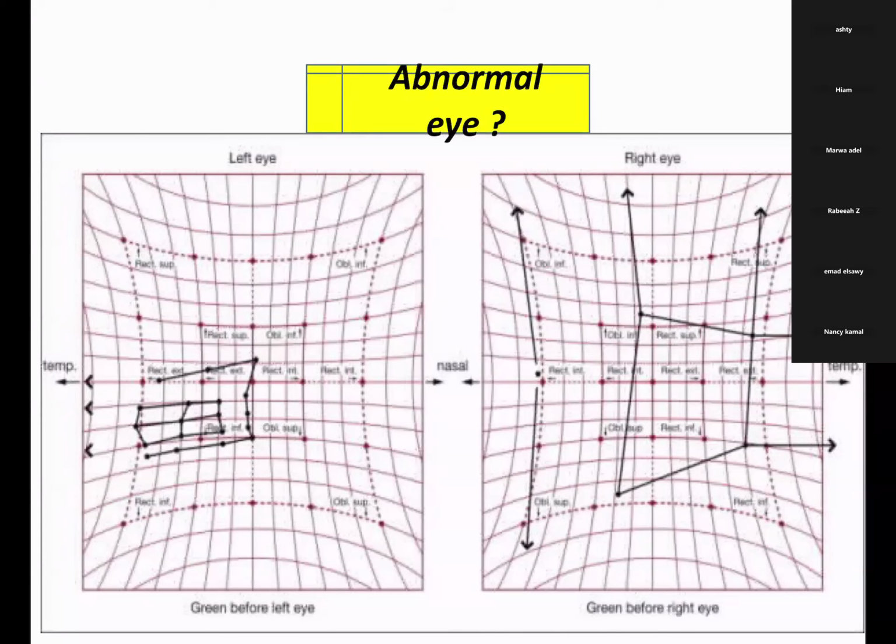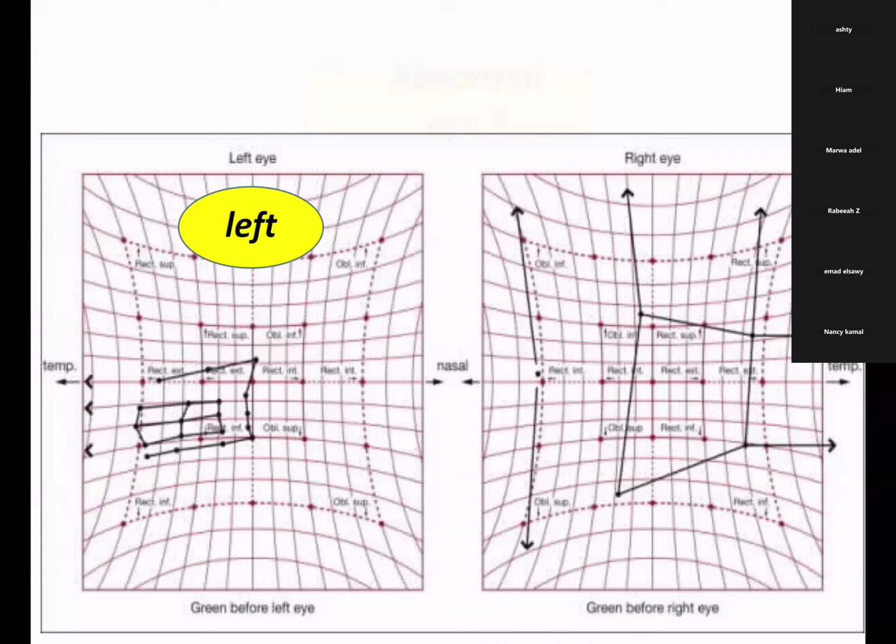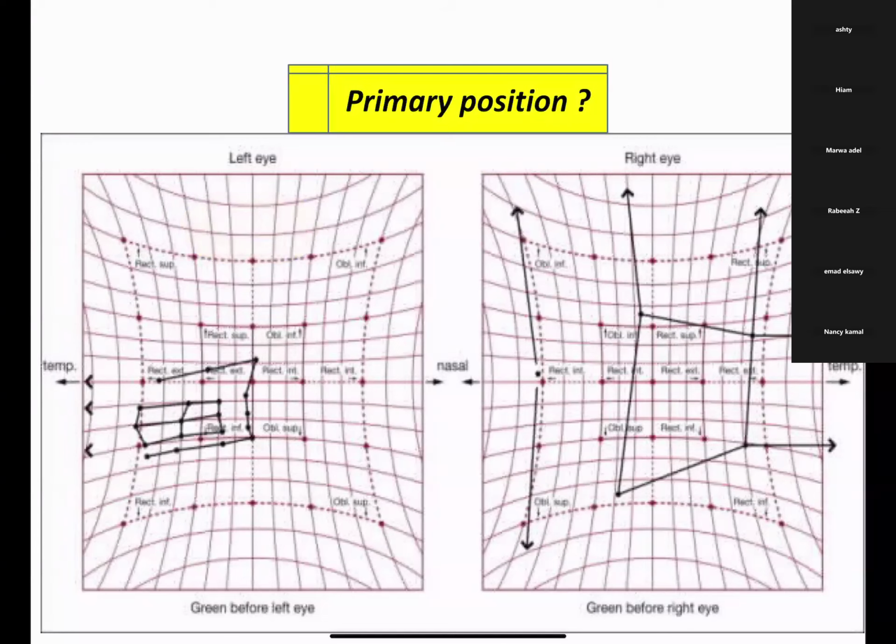So which one is the abnormal eye? The left, as we mentioned. The small field is the abnormal eye. Which muscle is affected? Now, where is the primary position? The primary position is down and out in the left eye. So the left eye is exotropic, XT, and hypotropic.